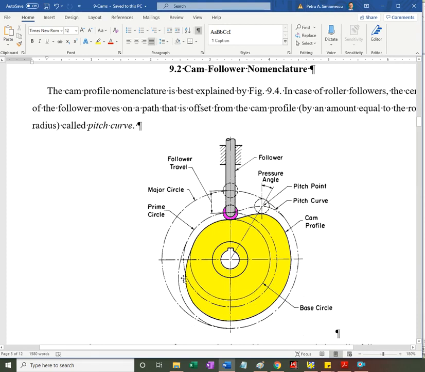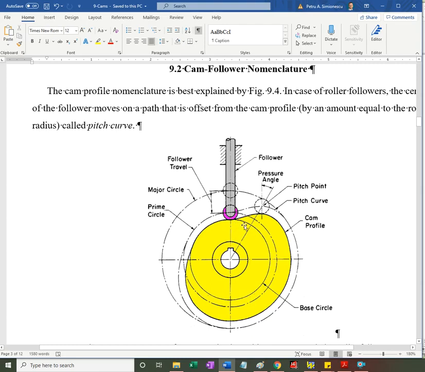We have what is called a pitch curve, and it's the curve that is traced by the center of the roller. And you recognize, I'm sure, that the cam profile is the offset, inner offset, like in AutoCAD, of the pitch curve by the amount r equals the radius of the roller.